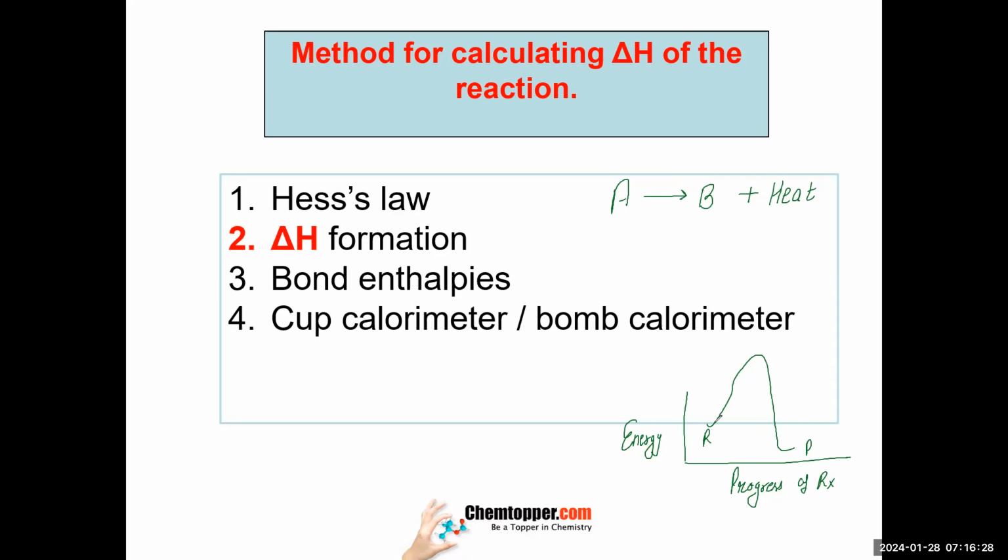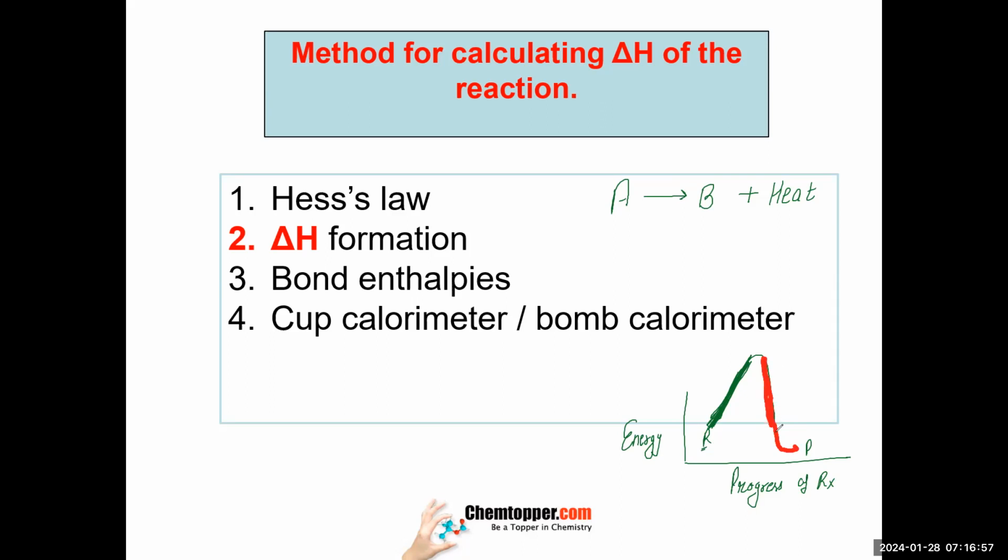Reactants. What is this energy called? Energy needed to break the bonds of the reactant, right? And what is this one called?